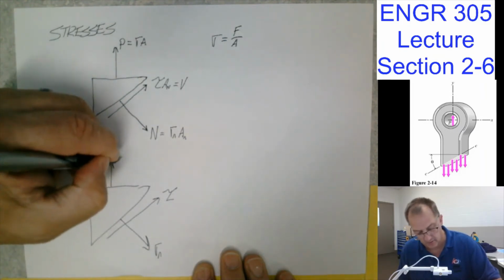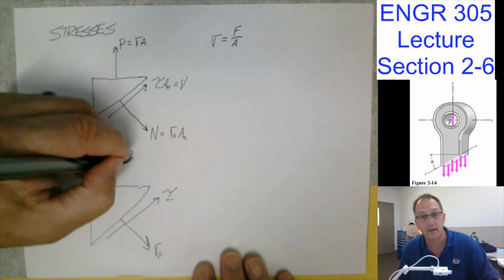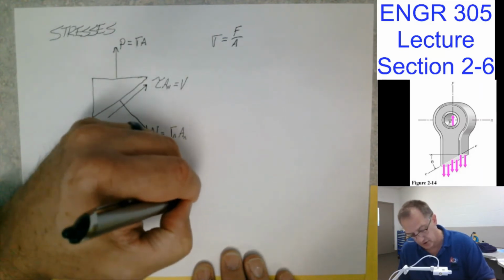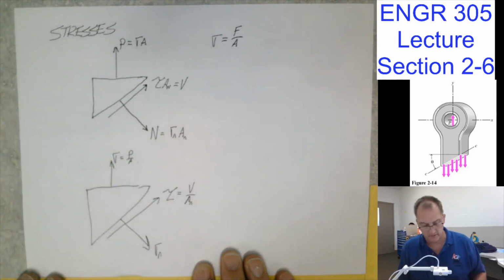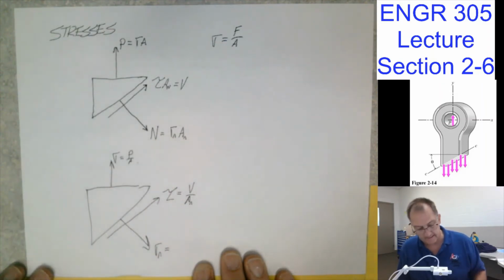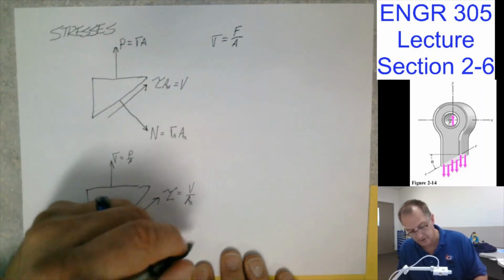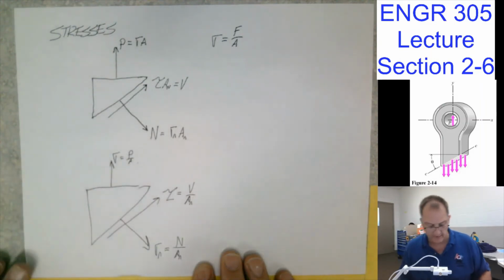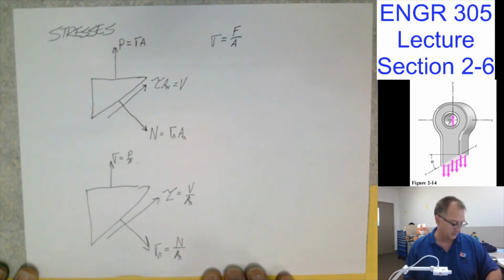And this normal is equal to P over A. And this is equal to the shear over the area. And this is equal to the normal force divided by that area that's normal. All right?